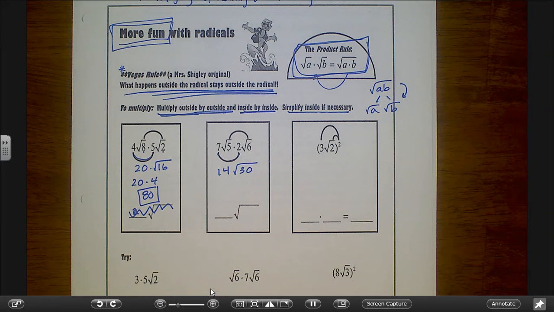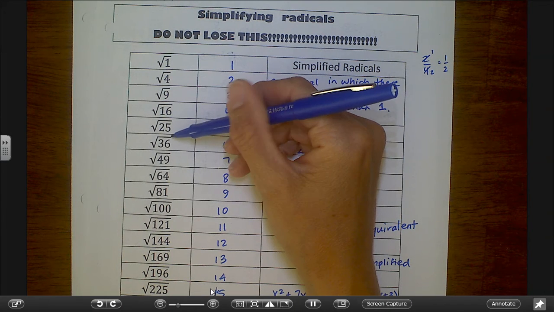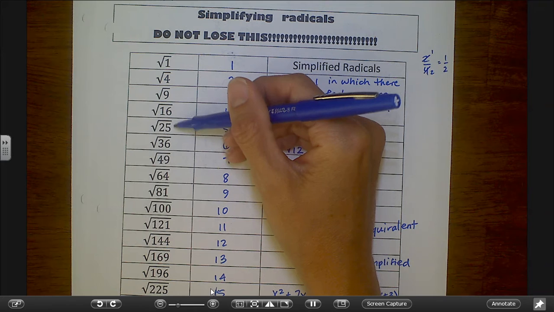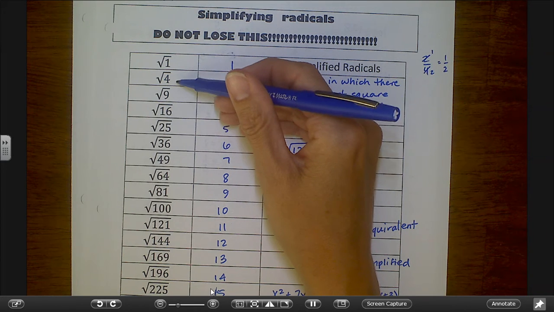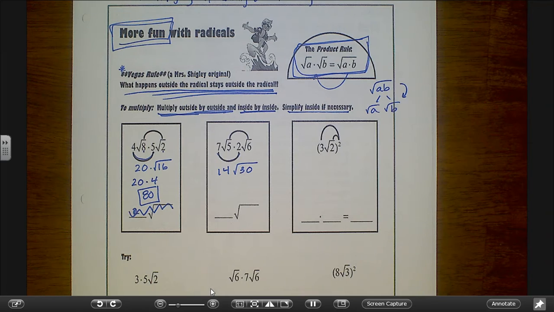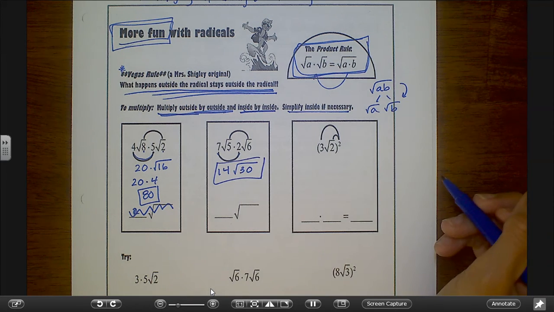Remember we did that before, where we would look and see what's the highest perfect square that could go into it. Well, 30 doesn't divide evenly by 25 or 16, 9, 4, or 1. So rad 30 is a simplified radical. So we just leave it like that.